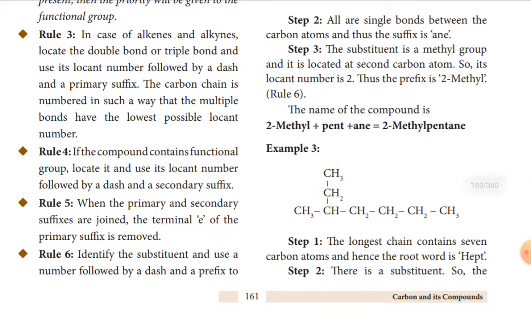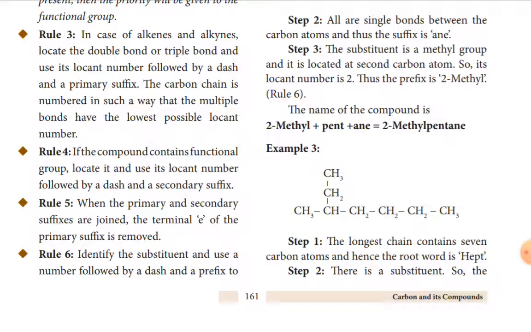Rule number 4: if the compound contains a functional group, we have to give the locant number so that the functional group possesses the lowest possible number, and also we have to mention the functional group by giving a dash. The dash refers to the bonding with the secondary suffix.